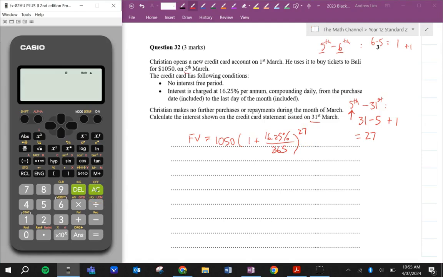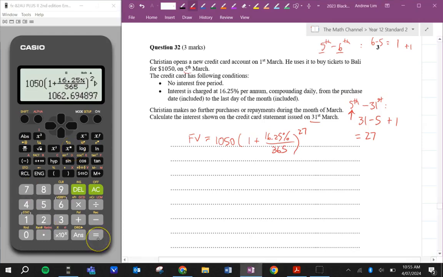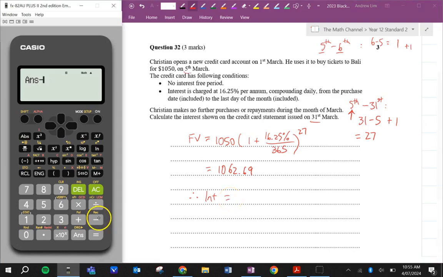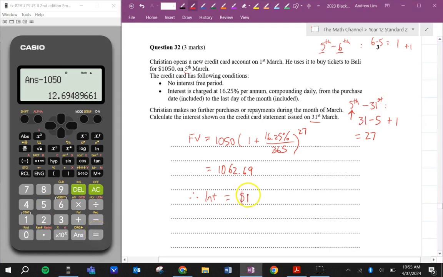Okay, so this is the future value only: $1,062.69. So the interest shown would be 1,062.69 minus the 1,050. $12.69 will be shown.